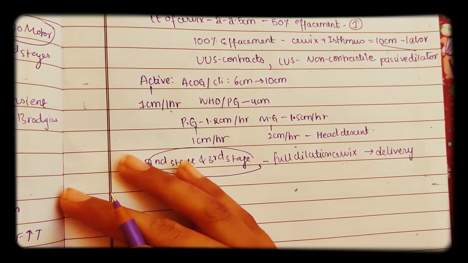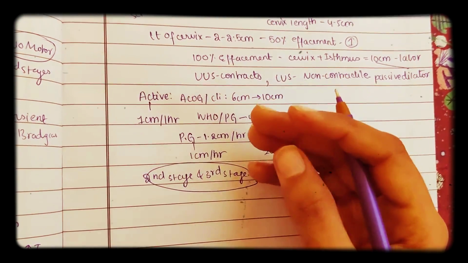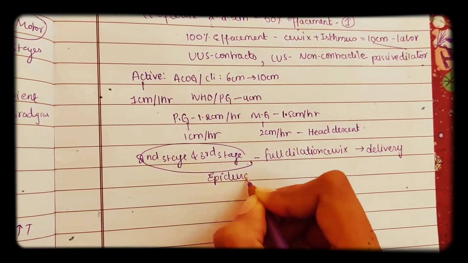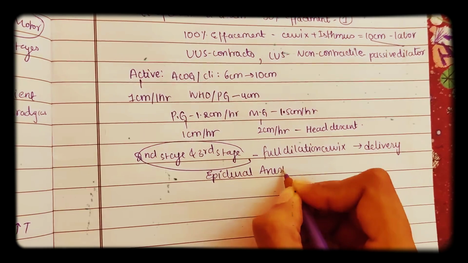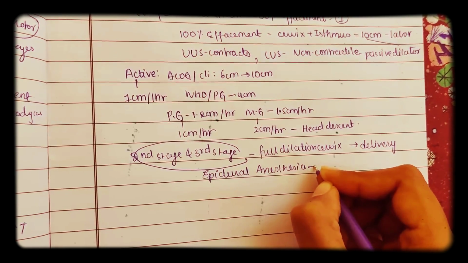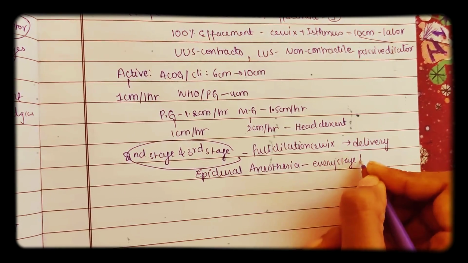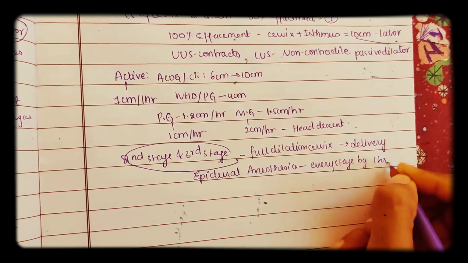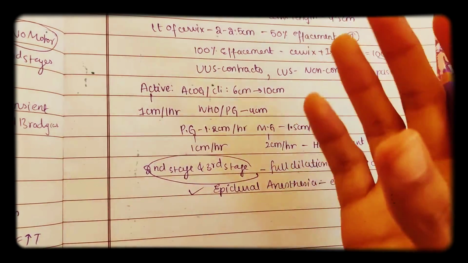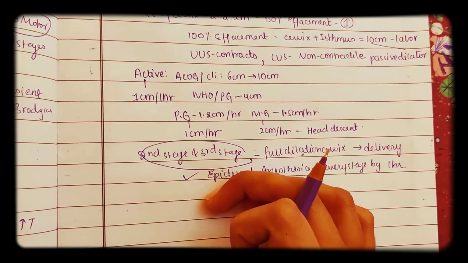The duration varies depending upon the administration of epidural anesthesia, because epidural anesthesia will prolong every stage by 1 hour. So that's why the duration varies if you want to do painless delivery. But if it's a normal delivery, then this prolongation of 1 hour will not be there, okay?